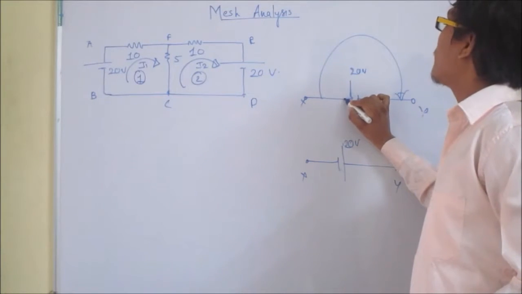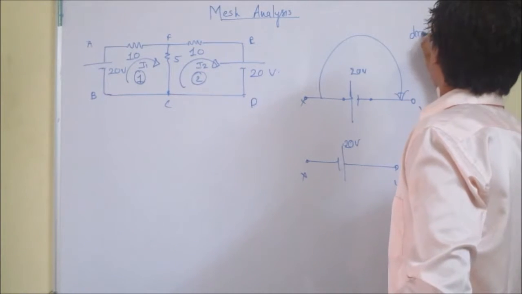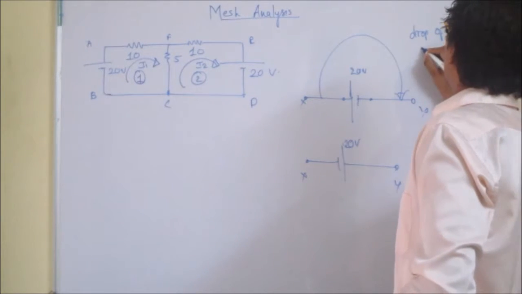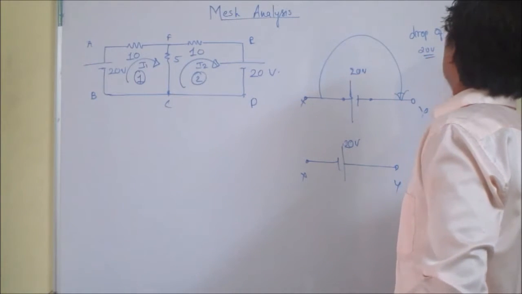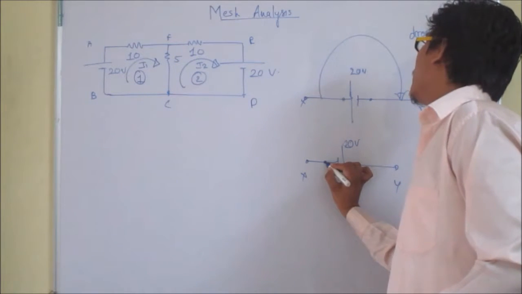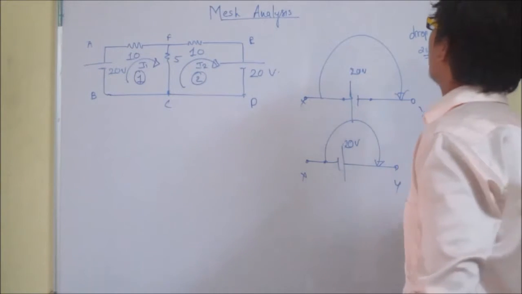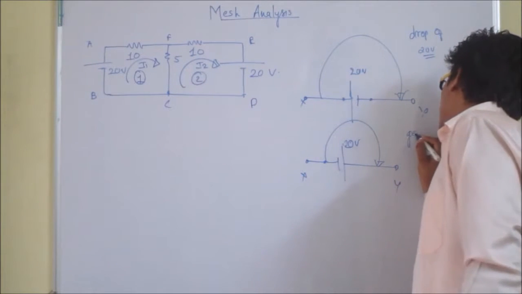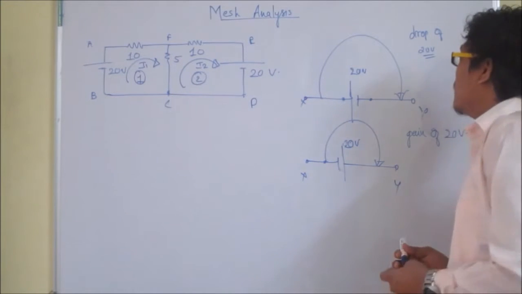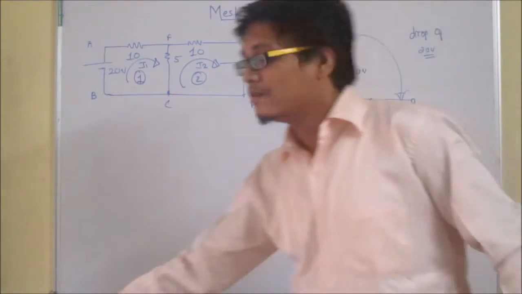See, I am moving from higher potential to lower potential, so there is a potential drop of 20 volts. And here, if I want to move from X to Y, I am moving from negative potential to higher potential, that is, there is a gain of 20 volts. Hence, you have to remember this small point while solving it.